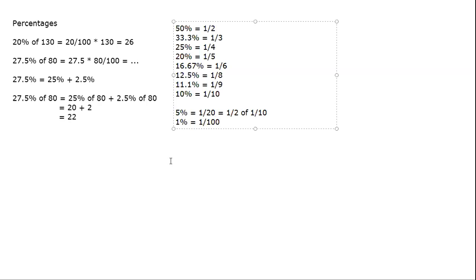All right, so now let's come back to our calculation. Let's say next I ask you for 65% of 240. Now how do we do this? 60% of 240 plus 5% of 240.